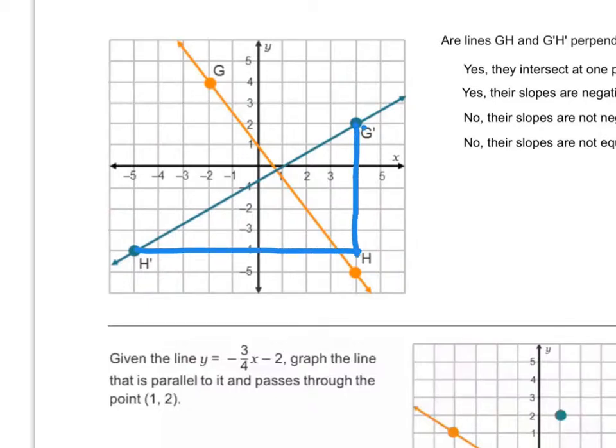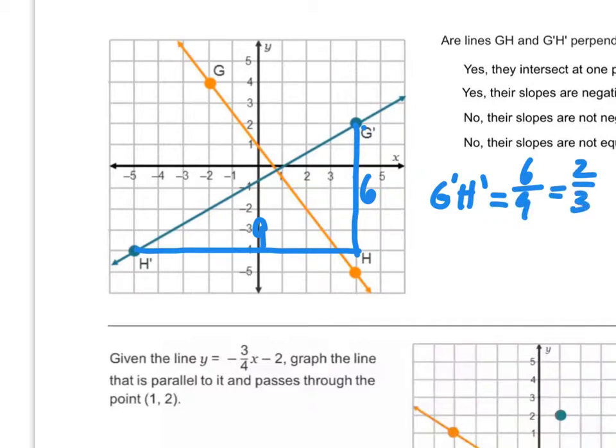This goes from -5 to 4, that's a distance of 9. The vertical distance from 2 to 4 is 6. So the slope of G prime H prime is positive 6 over 9, which simplifies down to 2/3.